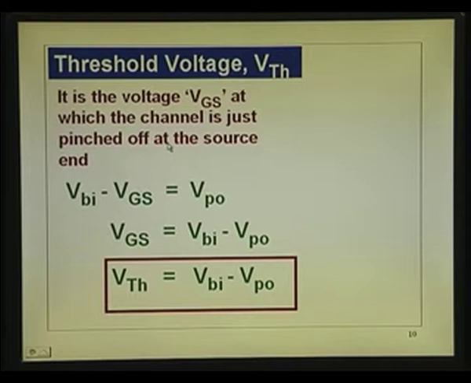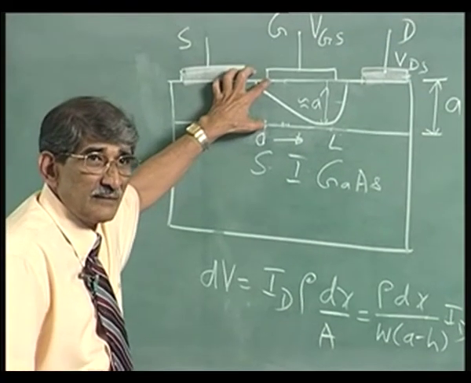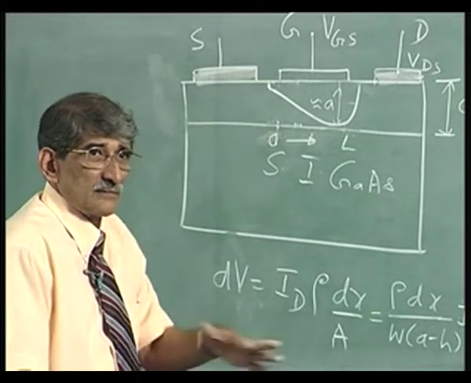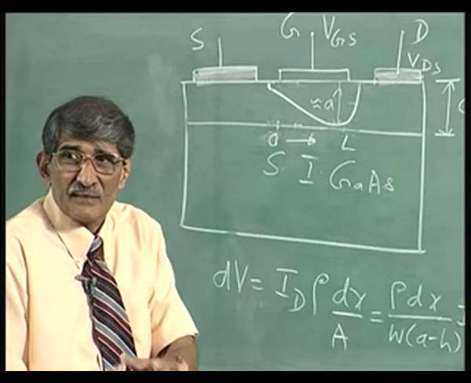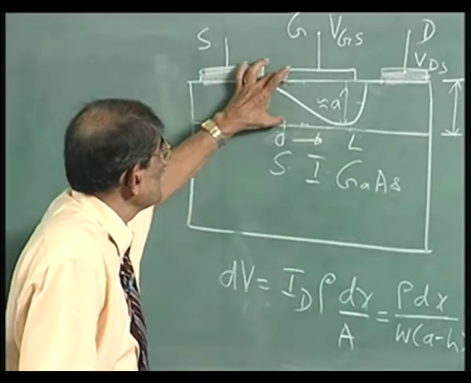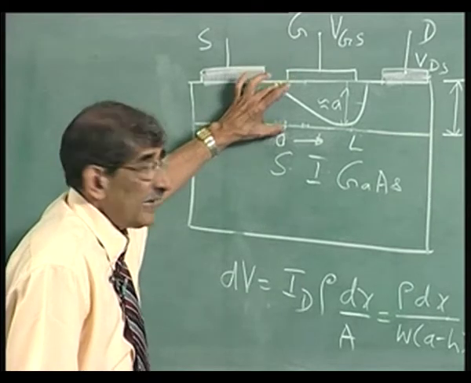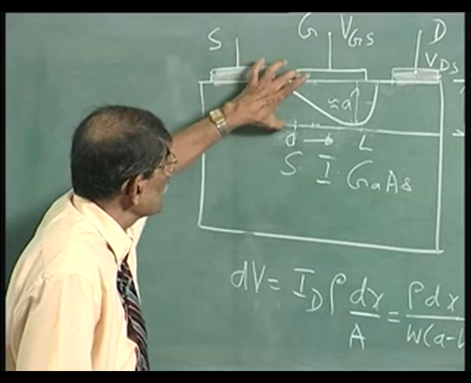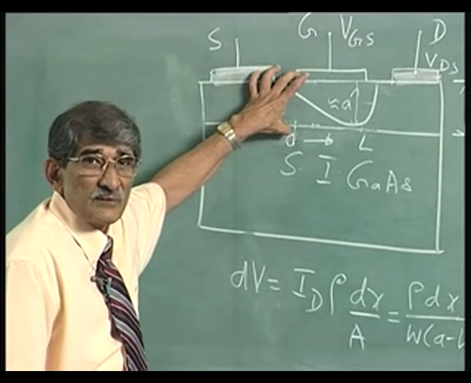Okay. Suppose I apply voltage V g s such that is what I mentioned just some time back. You can prevent the current flow, that is just make the current equal to 0 or just allow the current just to start flowing when this is closed here, and this is closed here when the potential drop from the gate to this end is equal to V p 0.